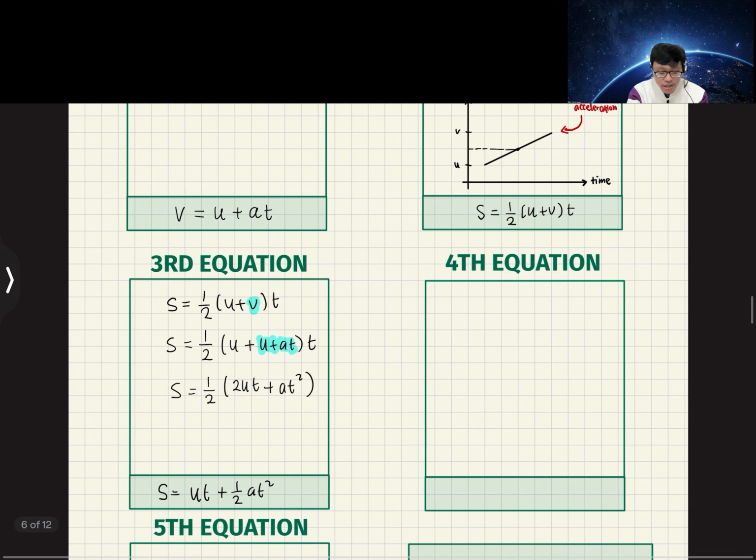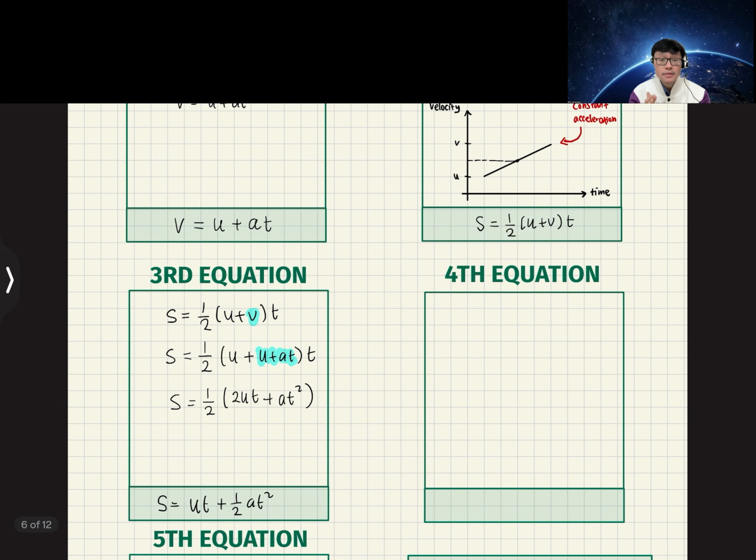So the third equation does not involve v. If you look at the first equation, it does not involve s. The second equation does not involve a. The third equation does not involve v. So you need to choose carefully which equation you want to use to solve the problems.